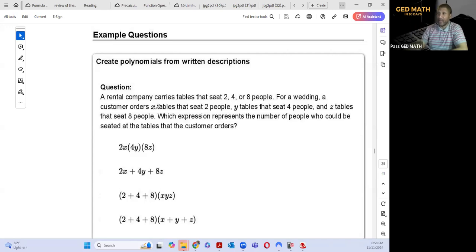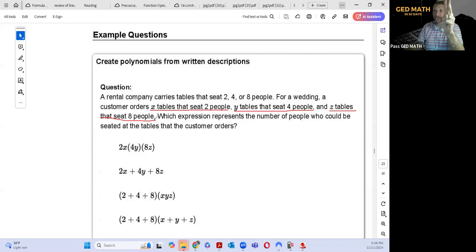Identify your givens. X tables that seat 2 people. Y tables that seat 4 people. Z tables that seat 8 people. Mr. Tinsley, I hate variables. Oh my God. So use common sense. If I had, no, let's use 3 tables.